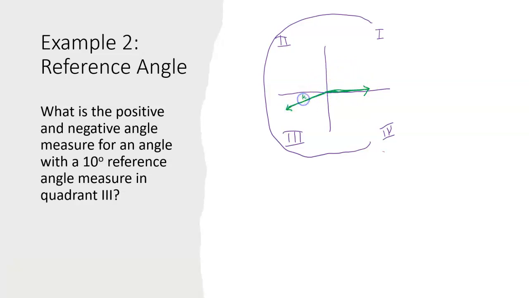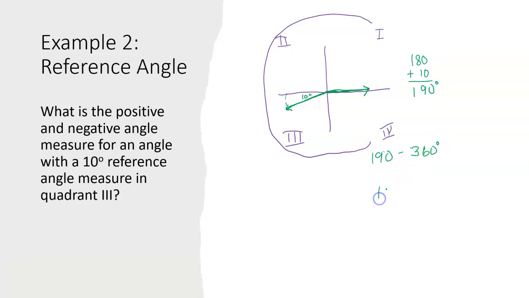So it looks like this, because the angle is up to the x-axis. And if I want to figure out what the measures are, I would do 180 plus 10 degrees, and that would be the measure of that angle. And if I wanted to do the negative one, I would do 190 minus 360 as one way to get to that answer.